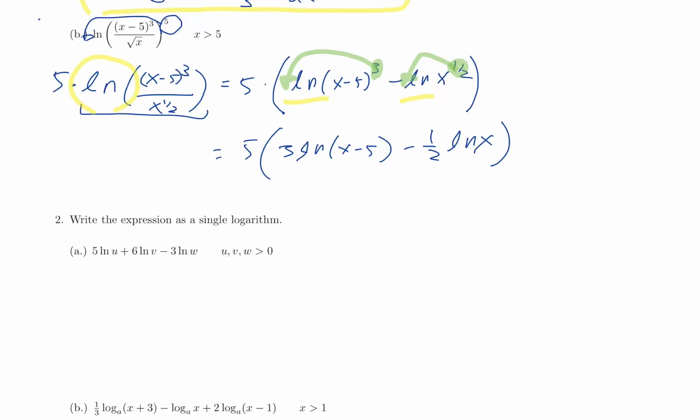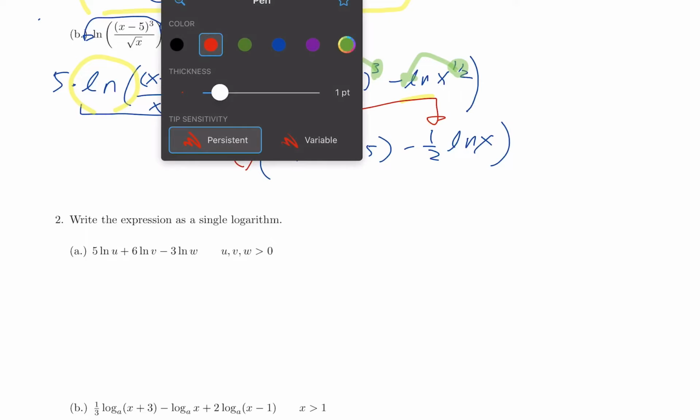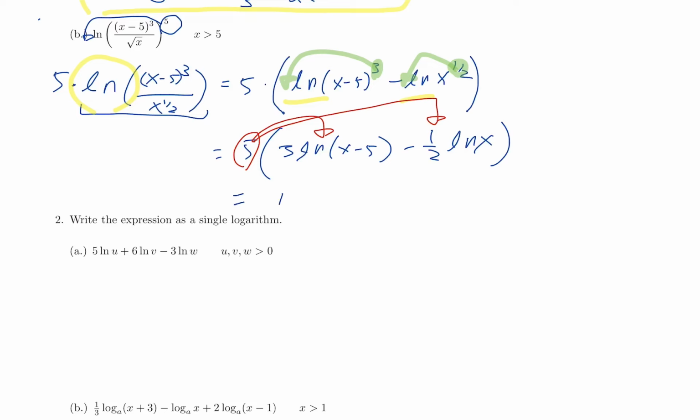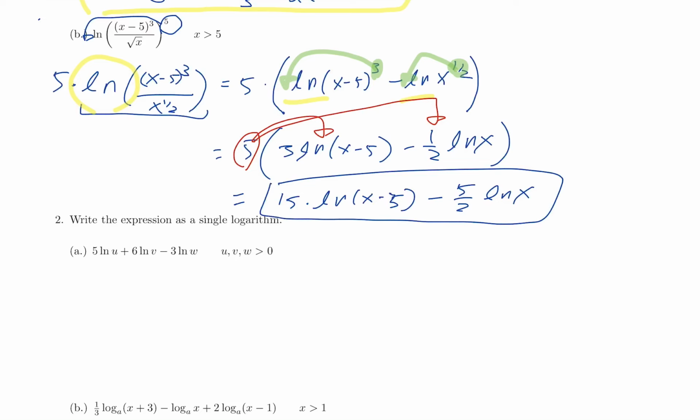Now we can distribute this 5 right here to this expression and this expression. So our final simplification is 15 ln x minus 5 minus 5 over 2 ln of x. So this is our final simplification, or expanding.